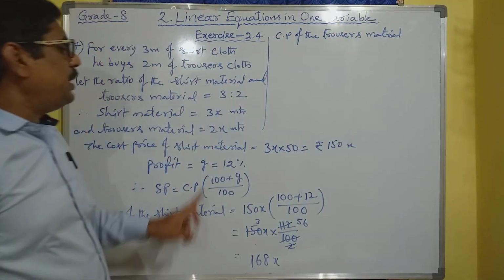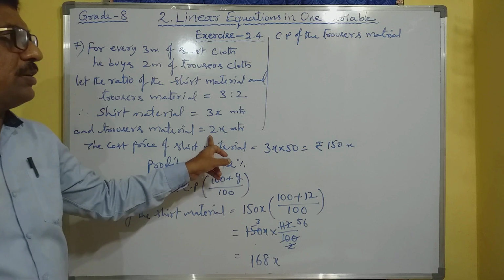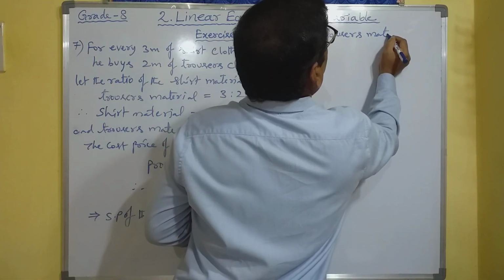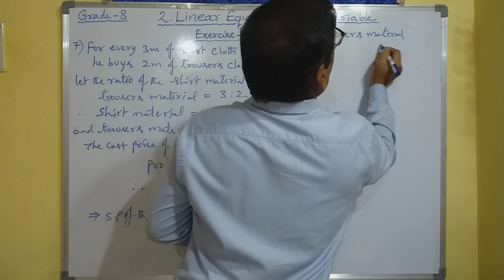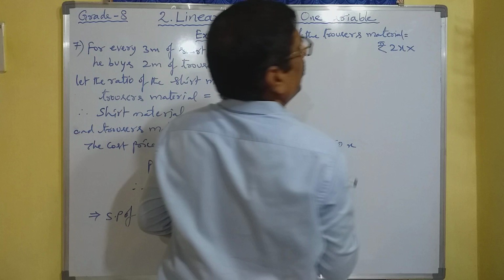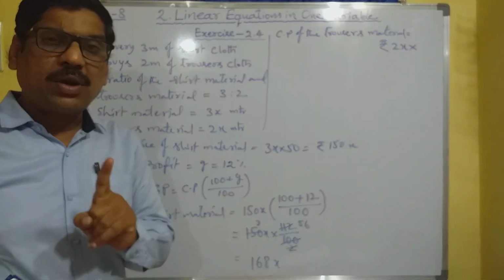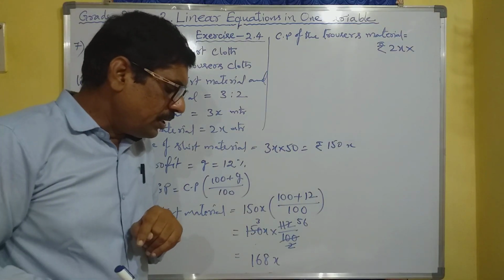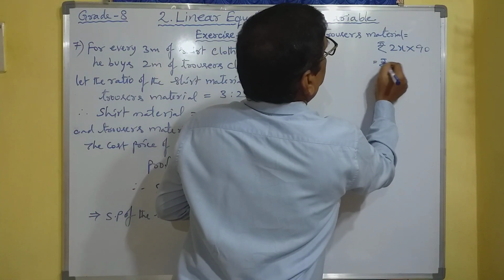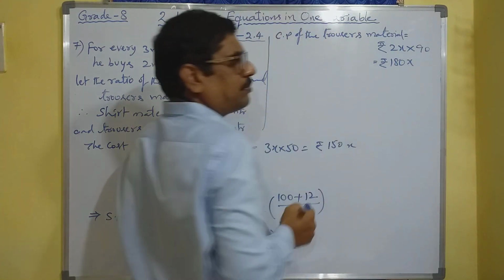Actually, the trousers material he buys 2x meters. So this is equal to rupees 2x into, what is the cost of 1 meter of trousers cloth he has given? 90 rupees. So into 90 is equal to rupees 180x.